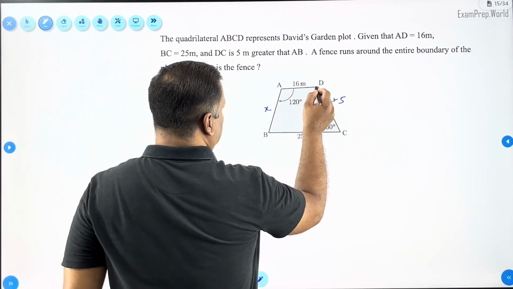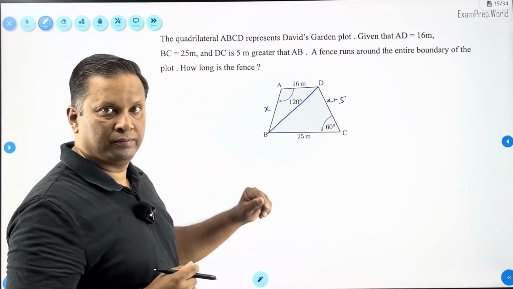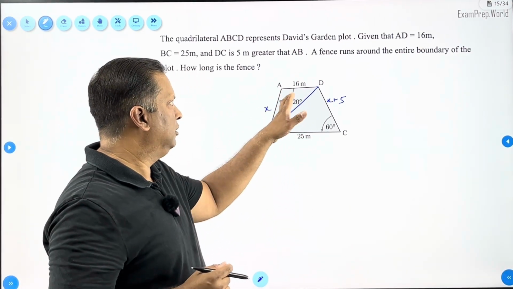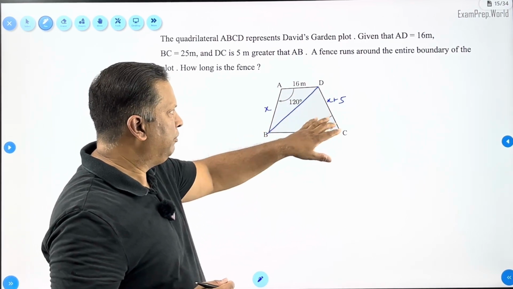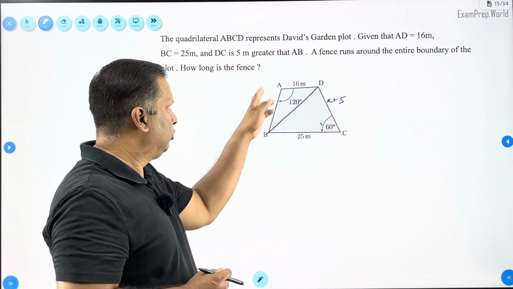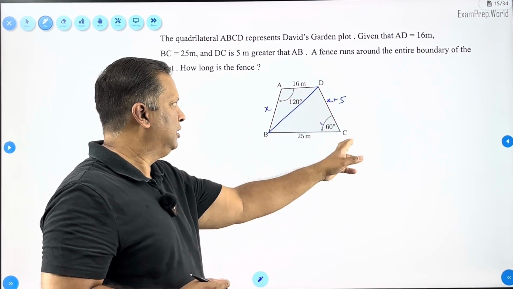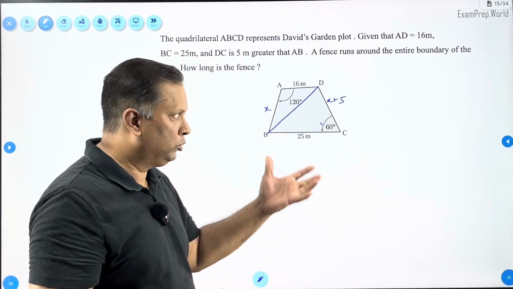What I would do is, I will divide this. Now I have got two triangles. I have angle, side, side. Can I find BD? BD length from this triangle I can find, and BD length from the below triangle I can also find, because it is a common side for the two triangles, ABD and DCB. And I will equate them. I will get x, right? So let's do it.